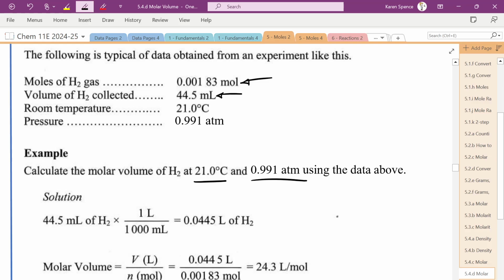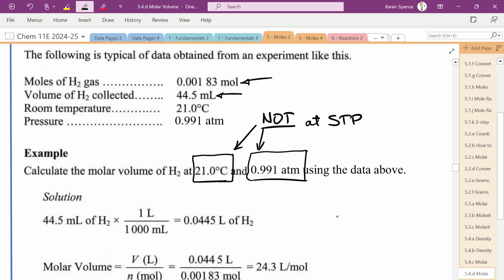We're just going to worry about that in the gas unit, because it's more complicated than this. Do we really care about the temperature and the pressure for this particular calculation? Not that much, other than the fact that we are not at STP, which means we can't just say 22.4.